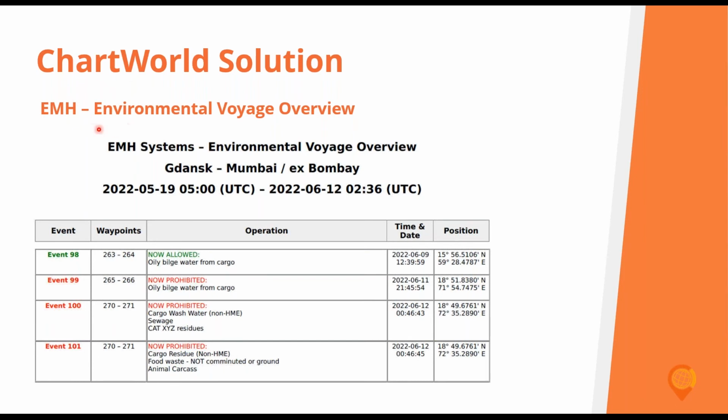This environmental voyage overview is again delivered via MyRA. The waypoints, as well as the schedule and the positions, are taken from MyRA's voyage plan, and EMH now adds which MARPOL operations are permitted or prohibited at the waypoints as displayed here.